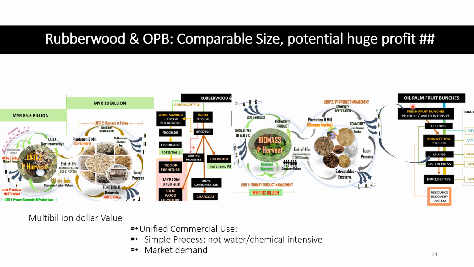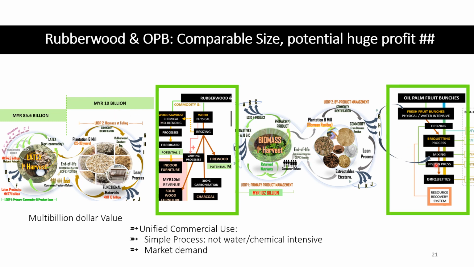At a glance, comparable sizes of the FPP frameworks for the existing multi-billion-dollar rubber wood utilization to the FPP size for briquette production shed light on the potential huge profit from briquette production. Unified use, simple, low-risk processes, and market demand were identified as key for sustainability.